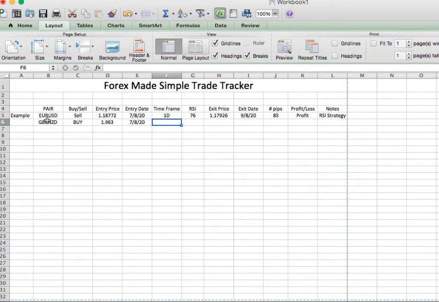The time frame I looked at, I considered this one a bit more risky, but I said, hey, I just took out the trade with a small lot size. The RSI was 59 at that point in time.